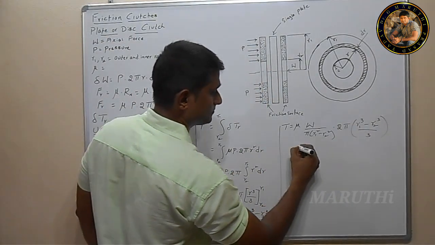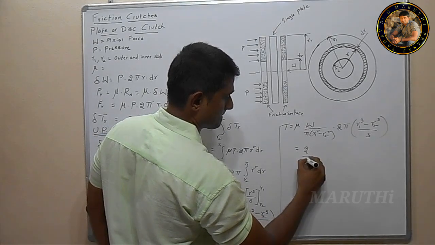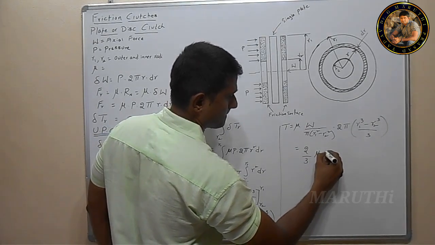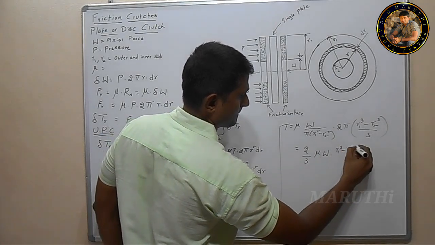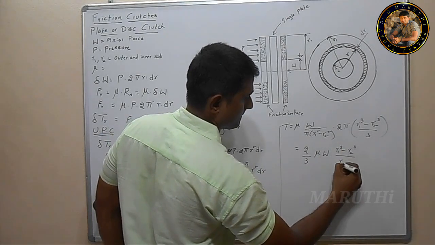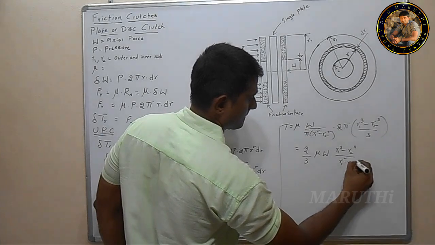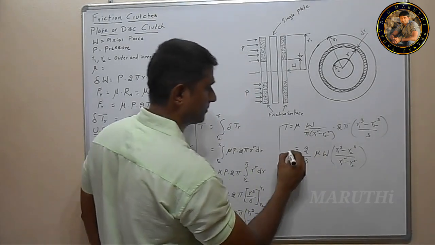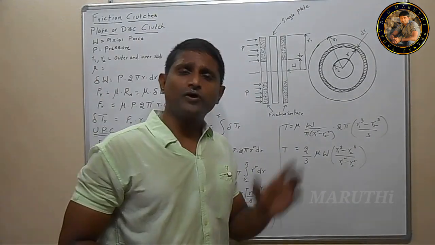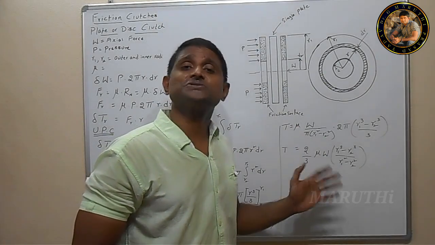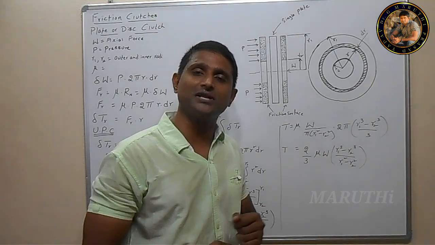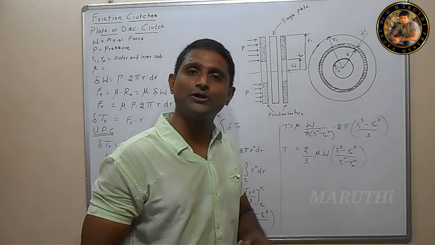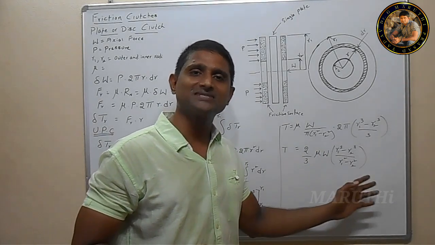Simplifying this, finally, the maximum torque it can transmit under the uniform pressure condition is 2 by 3 mu W (R1 cube minus R2 cube) divided by (R1 square minus R2 square).